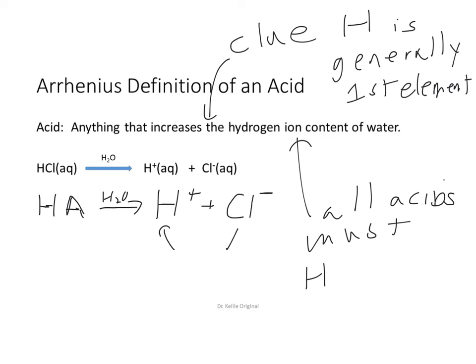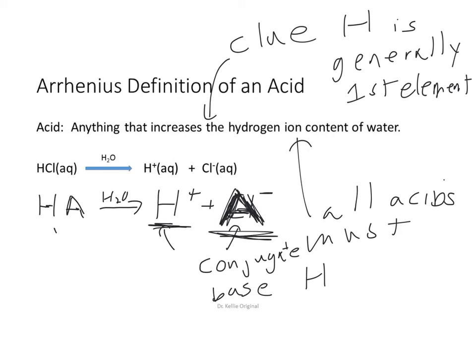So the rest of the acid, the part that's left behind, also referred to as the conjugate base, has a negative charge. I should have written an A there, right? So what you'll see is an acid will always break up into a hydrogen ion and an anion.